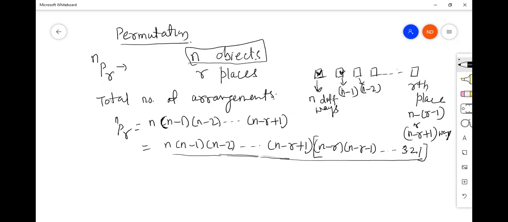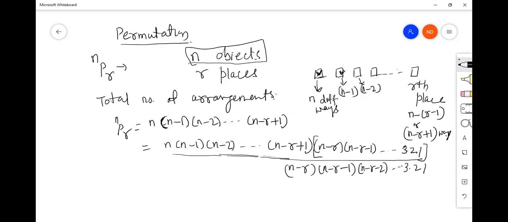The same quantity we can multiply in the denominator: n minus r minus 1, n minus r minus 2, like this, down to 3, 2, 1. So whatever we have multiplied in the numerator, the same thing we have multiplied in the denominator.